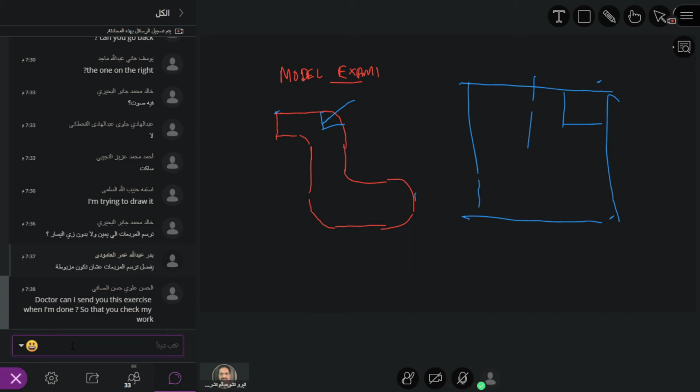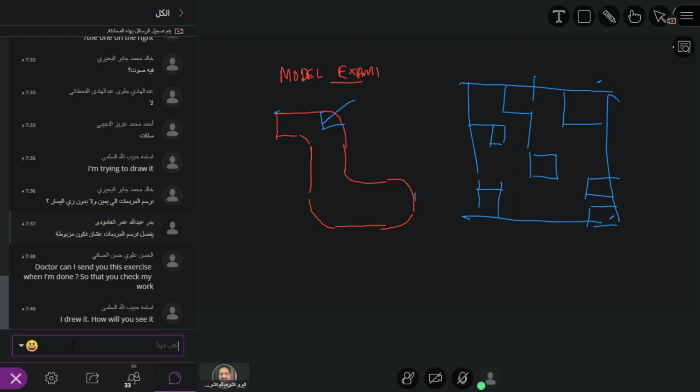So I will make a rectangle here, then I will join it, then another rectangle here, then another rectangle here, another rectangle here, another rectangle here, and if I join it here, another rectangle here. Okay. So first I will make this, and then I will try to draw.